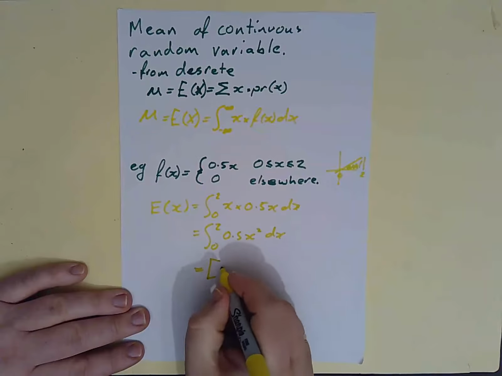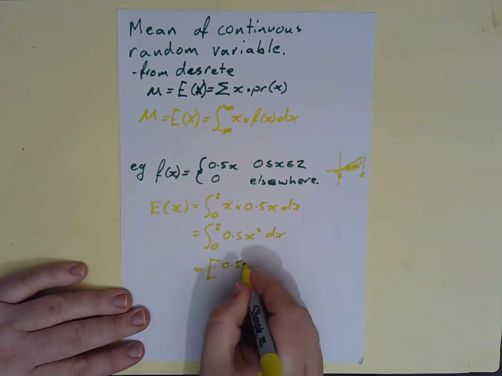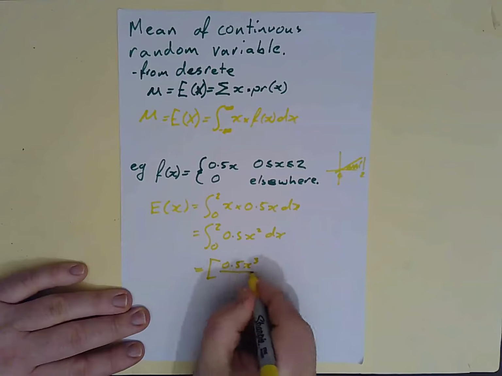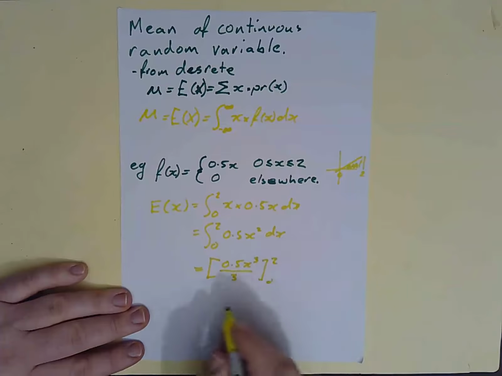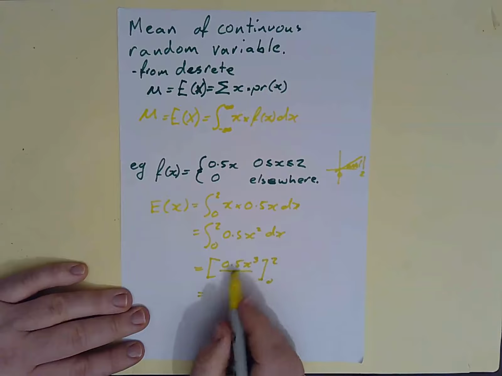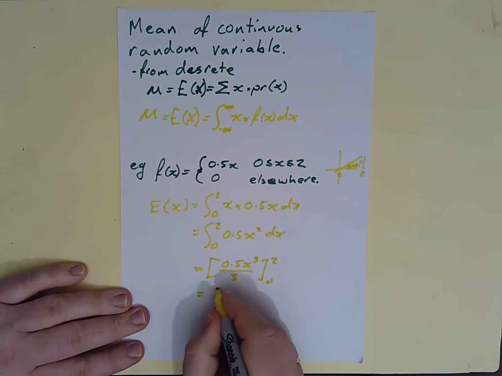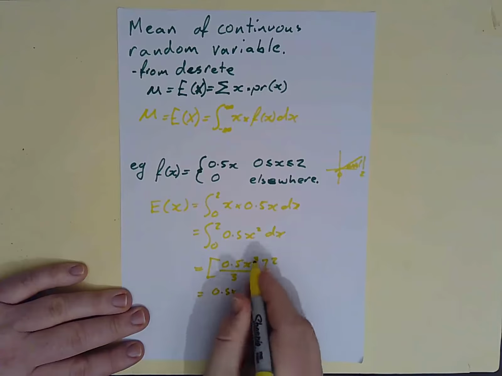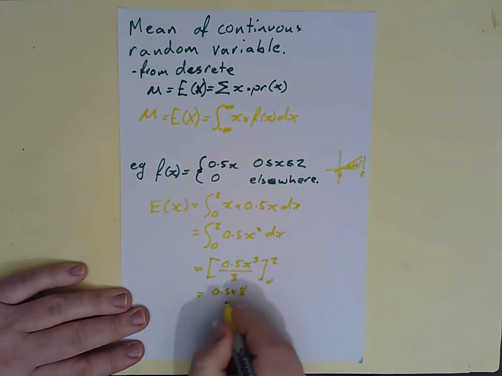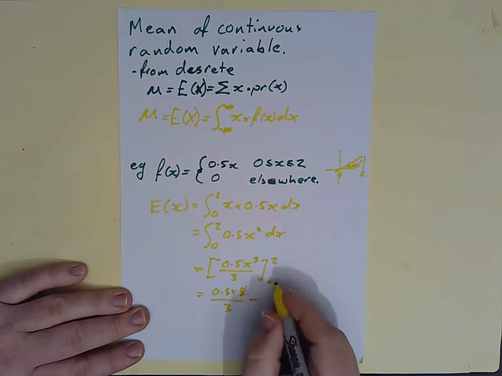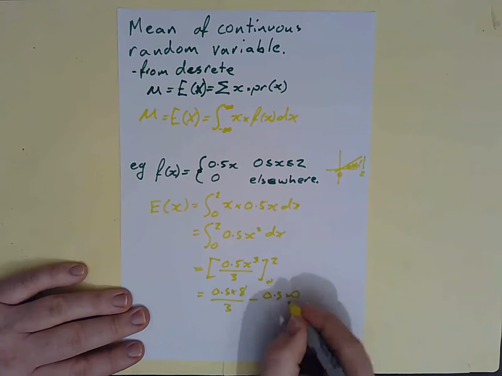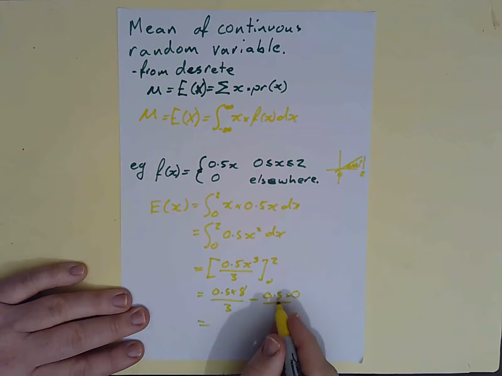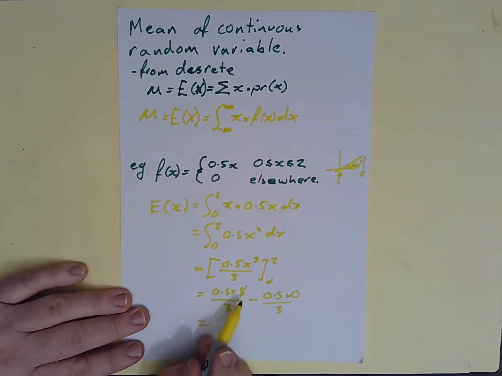So integrating that, I get 0.5, I add 1 to my power, divide by my new power, between 2 and 0. I put this into my calculator, I'm going to get 0.5 times 2 to the 3 is going to be 8. And then 0.5 times 0 to the 3 is 0. Well, that's 0. So 0.5 times 8 is going to be 4.